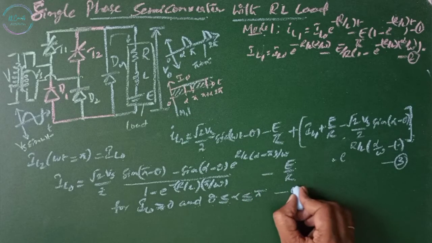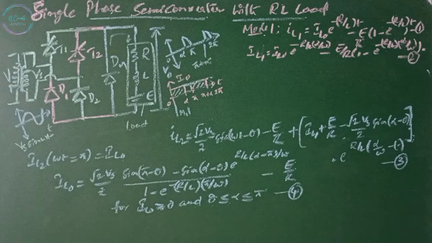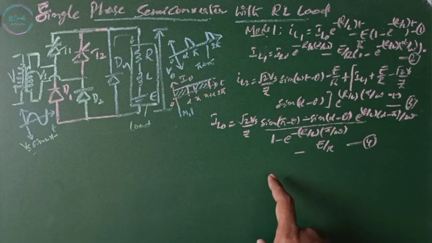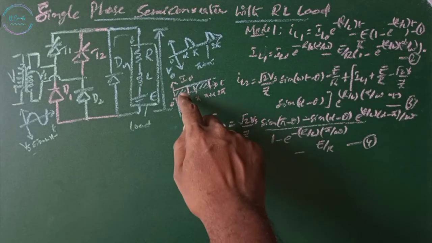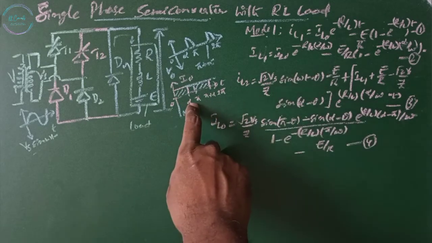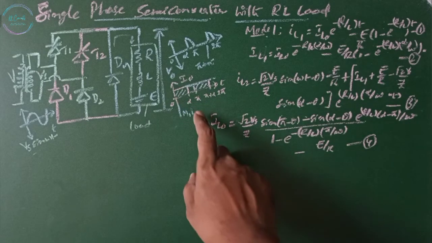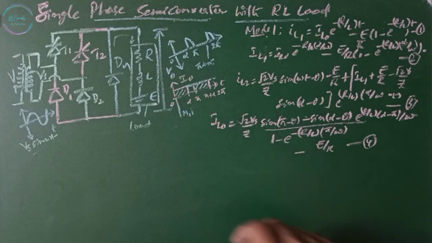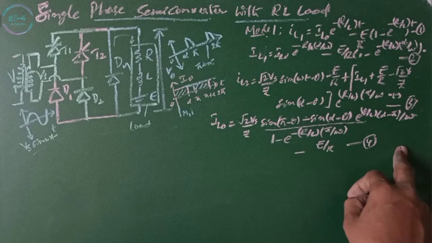And this is equation number 4. Now we have the current equations. The first equation belongs to the first area, that is 0 to alpha, the second equation belongs to omega t equal to alpha, the third equation belongs to alpha to pi, and the fourth equation belongs to the initial conditions.